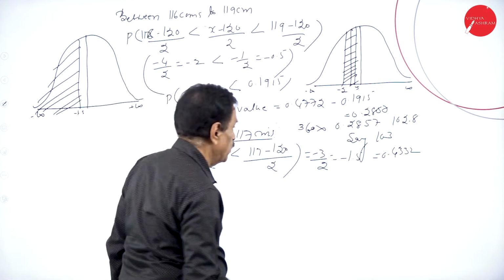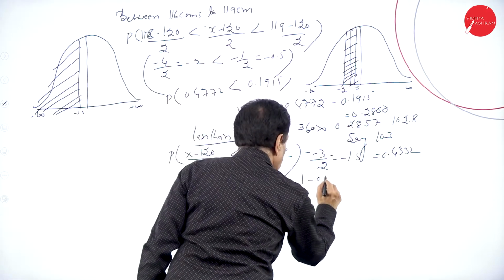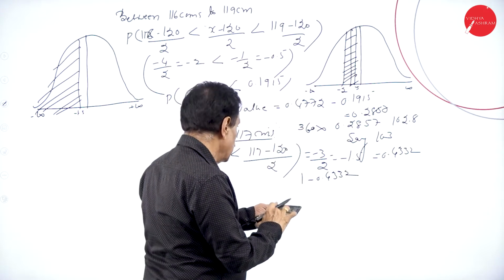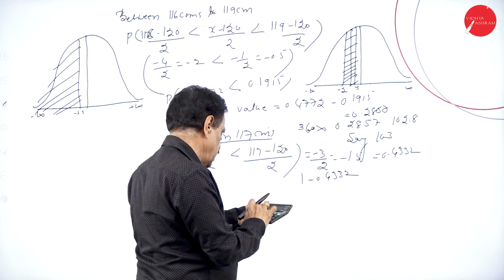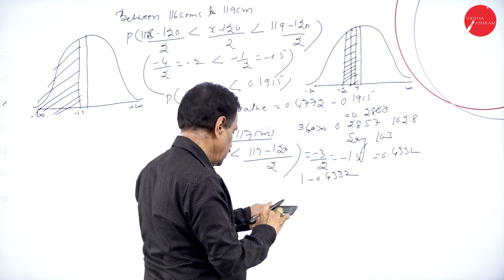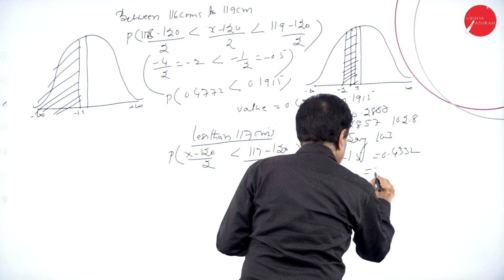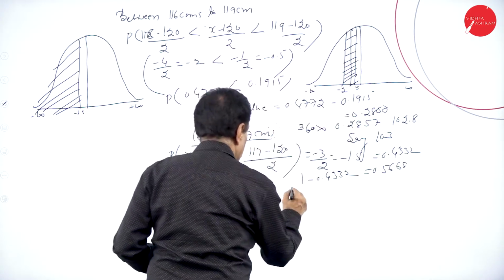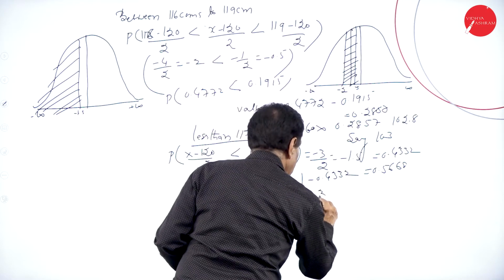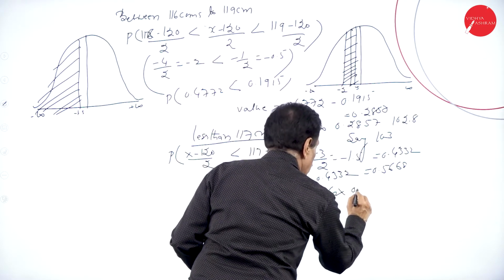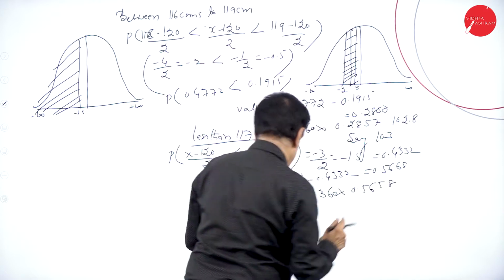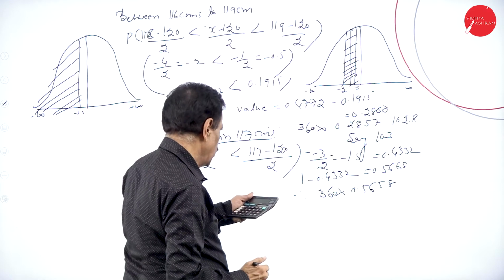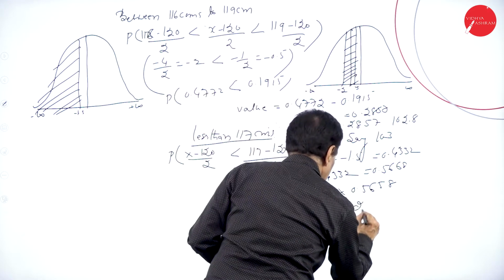So 1 minus 0.4332 is 0.5668. Therefore, 360 into 0.5668 gives 204 students.